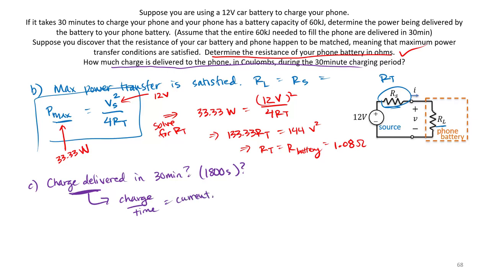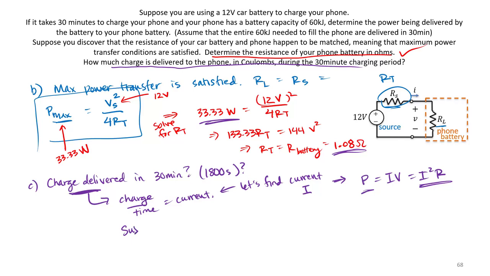So we need to find our current. And in this case, we know power is equal to IV or I squared R, so why not use the resistance of our battery and the power we know?